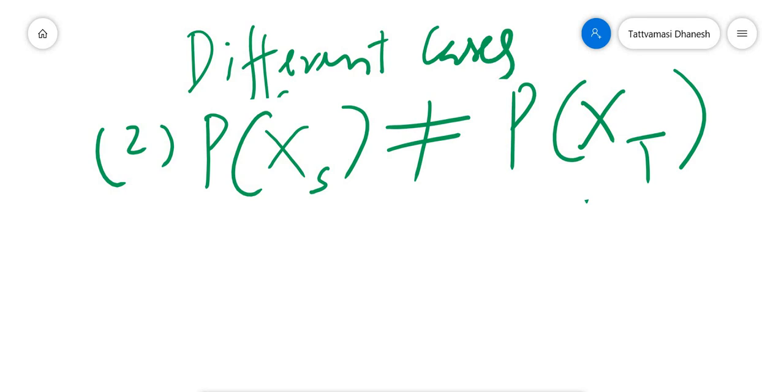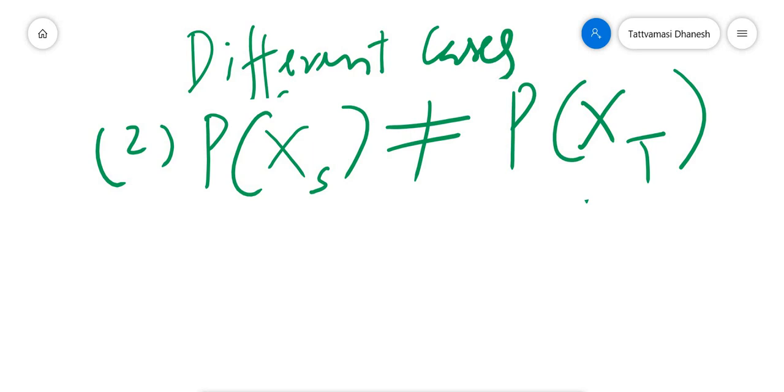That is the second case. If you need an example for this, in the context of NLP, if the documents discuss different topics, that's an example.